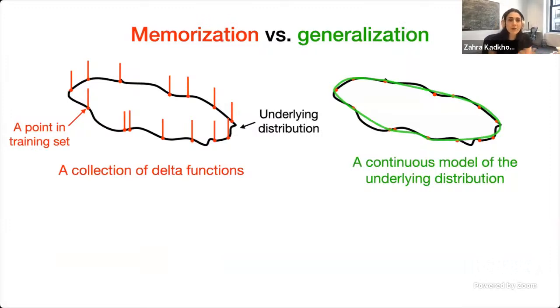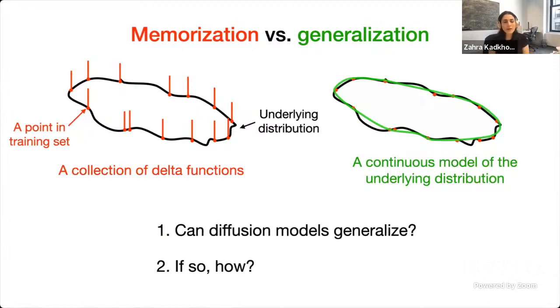Alternatively, another possibility is that diffusion models are able to interpolate between the training data points and actually achieve a continuous approximation of the underlying distribution of the data. So they might be generalizing beyond the training set. So now the question is, which one of these two strategies do they take?